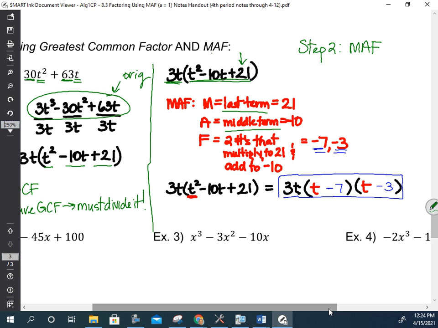Middle term is negative 10. So you need two numbers that multiply to 21 and add to negative 10. That's negative 7 and negative 3. Step 2 is to do the MAF.